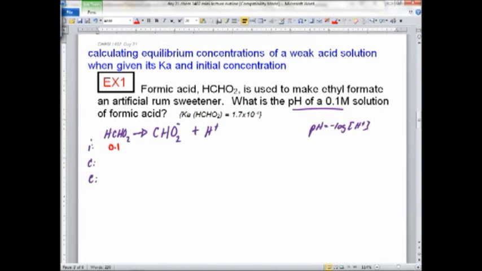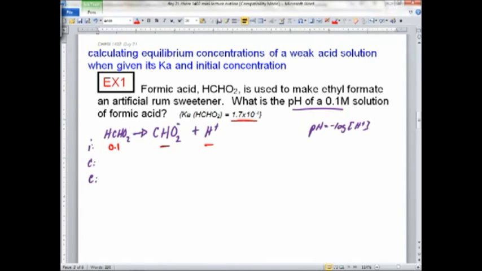Oh, where does this come in? That comes in after we fill out the whole ICE table. We set products over reactants equal to the 1.7 times 10 to the negative 4. That's where that comes in. Yeah, we've done this before. What do you put for the product, the initial concentration? Dashes.